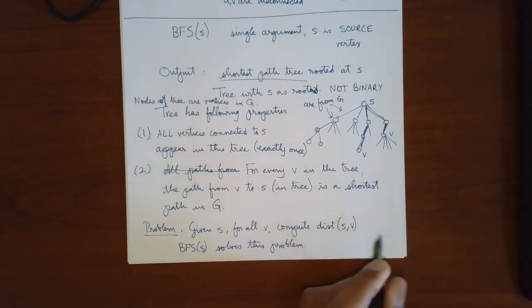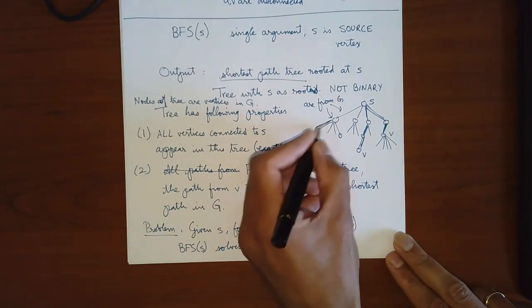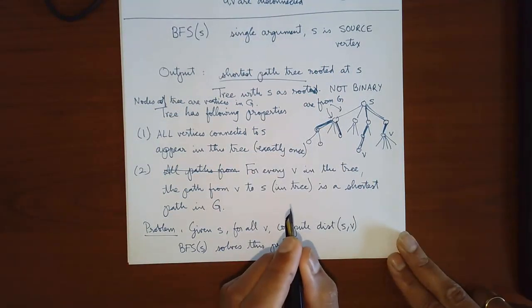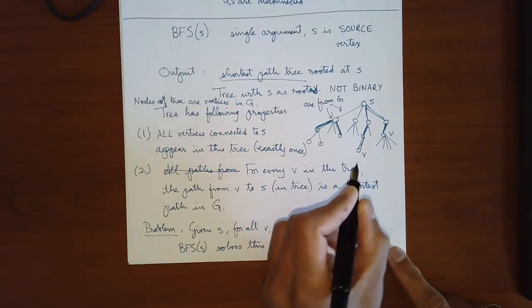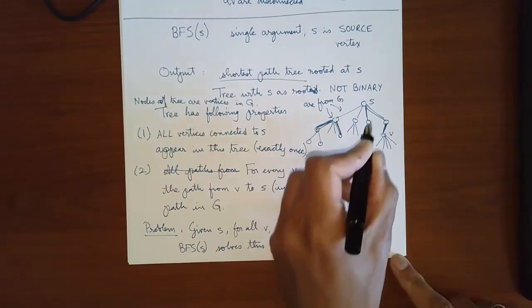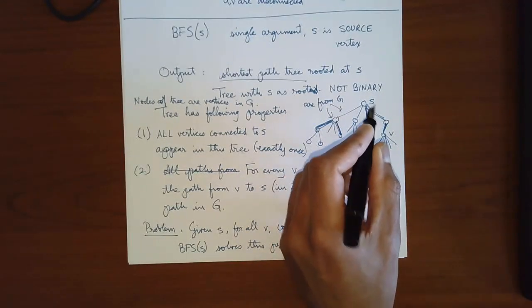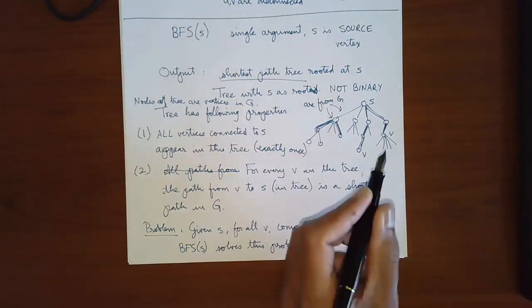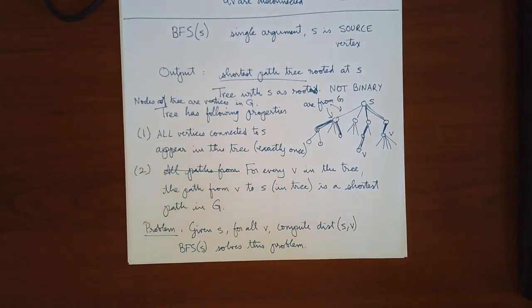I could get a path that goes from this vertex to this vertex, and that is not a shortest path. I'm not giving any guarantees about that. Only paths that start at a vertex and follow up their parents all the way to the root, to S. Another way to think of it is to get a shortest path from any vertex to S, you keep following the parent pointers and you'll end up at a shortest path. Any questions at this point?